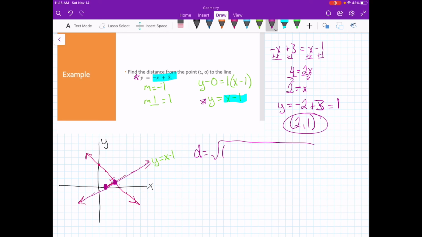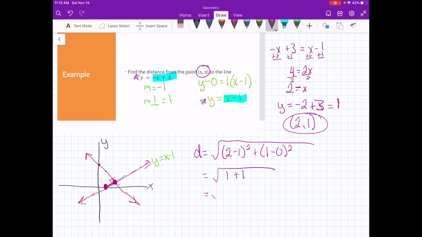So the distance between (1, 0) and (2, 1). So we take the square root of x2 minus x1 squared plus y2 minus y1 squared. So the square root of 2 minus 1 is 1. 1 squared is 1. 1 minus 0 is 1. 1 squared is 1.